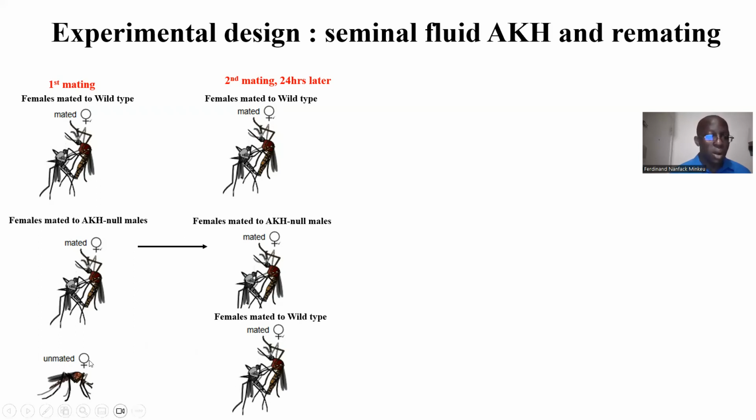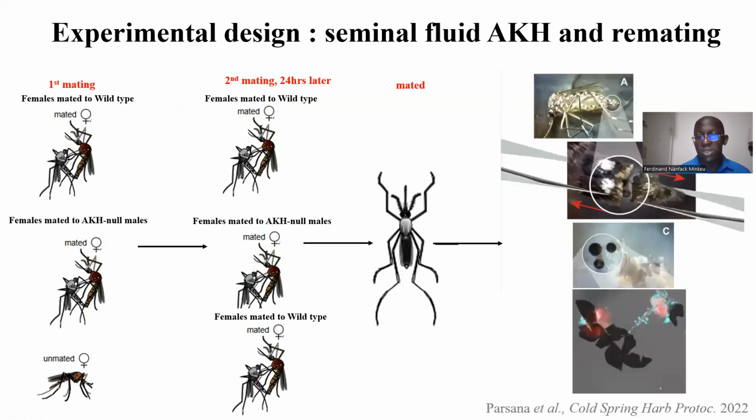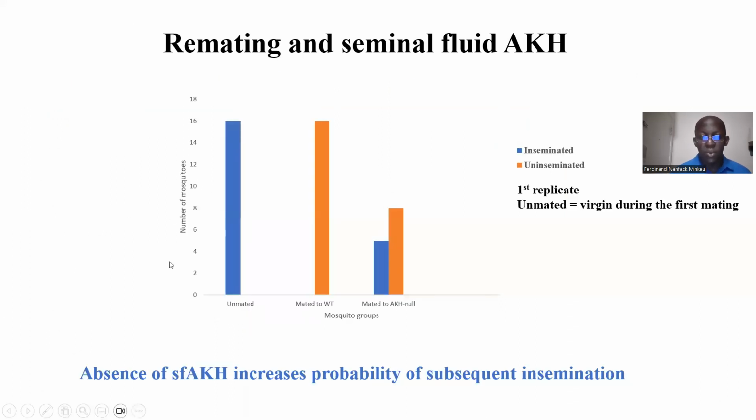So when I say unmated, please remember that unmated means just one mating, and then we dissect to check the presence of sperm. So you can see on this result that after just one mating, all the females were inseminated, but after the second mating, if you check the wild type, you can see that none of them were inseminated.